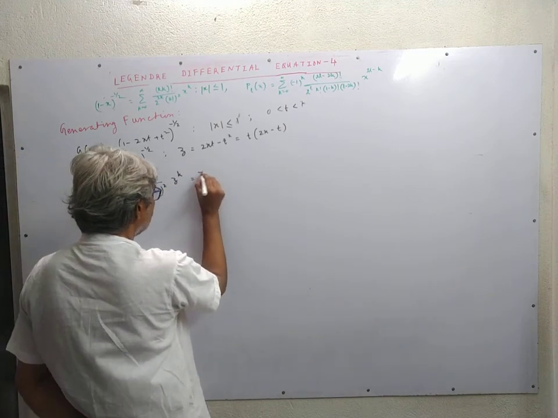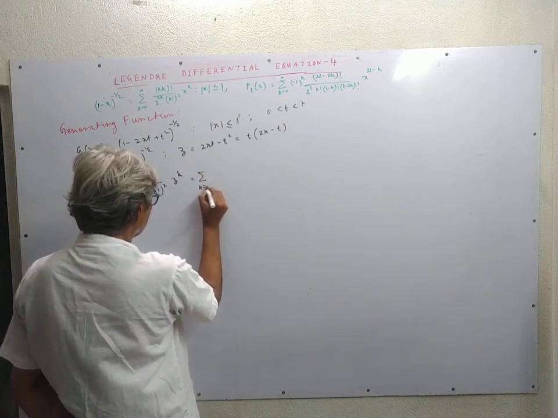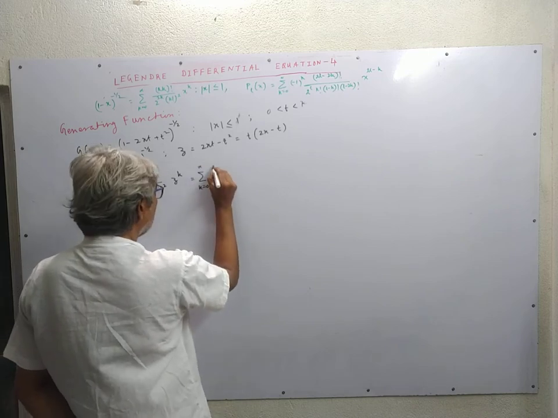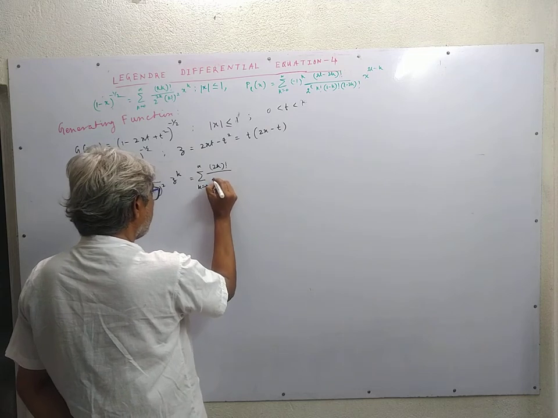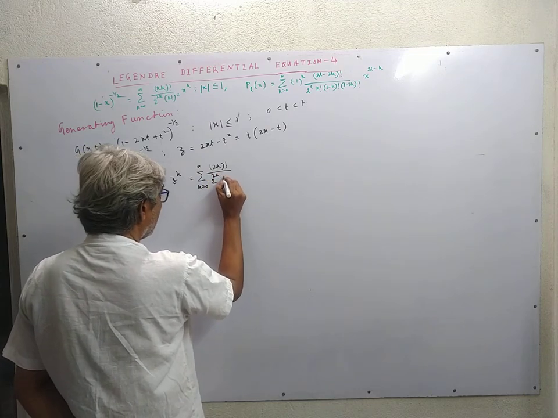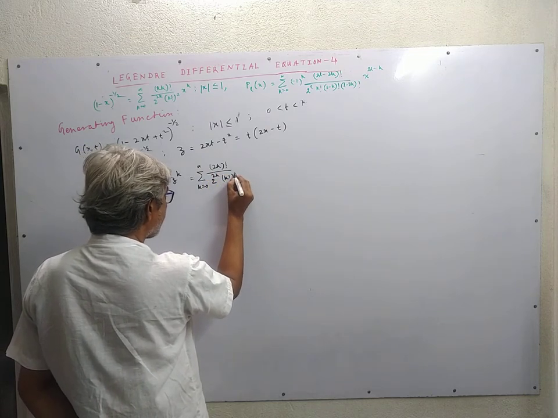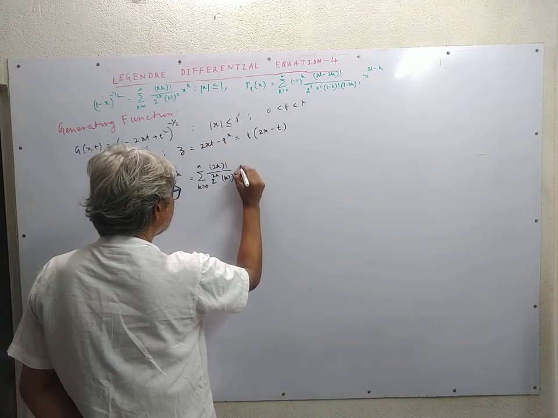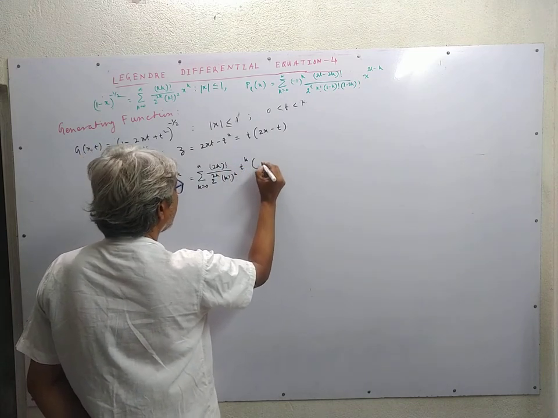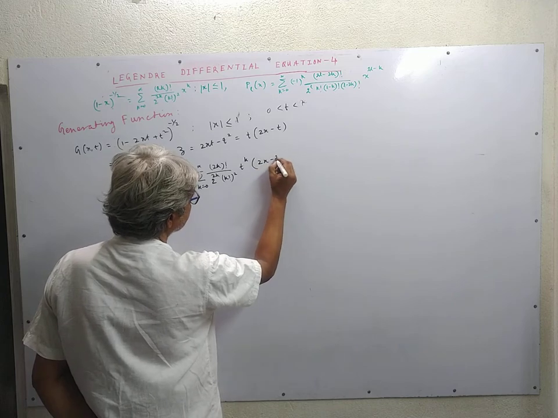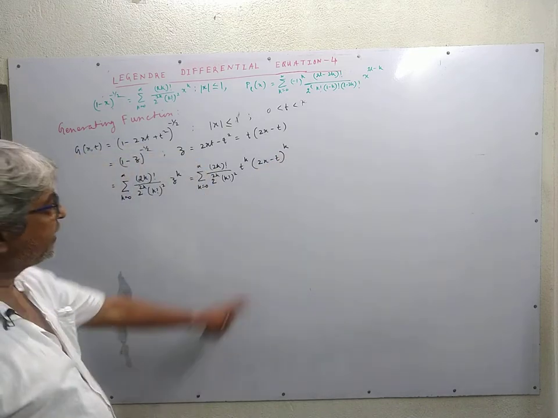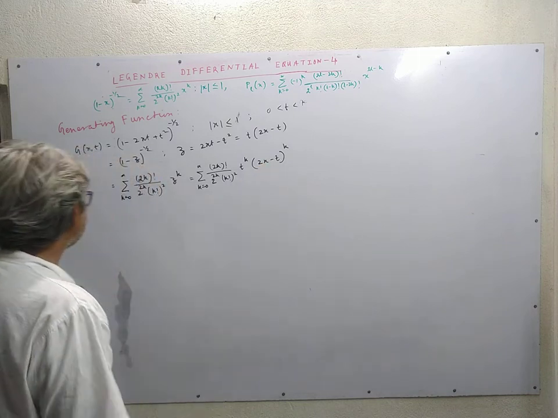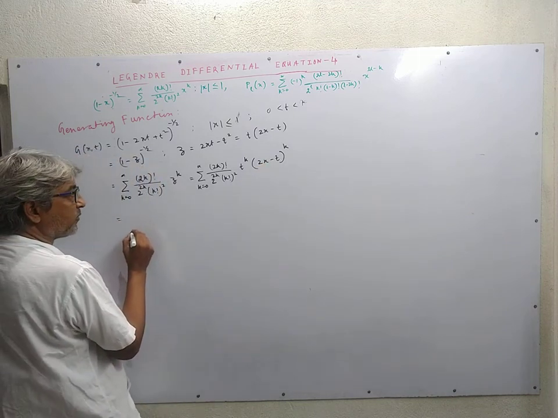So this is the sum over k of (2k)! over 2 to the power 2k (k!) squared, times t to the power k, (2x minus t) to the power k. Note that k is an integer, so we can expand it in binomial series having a finite number of terms.